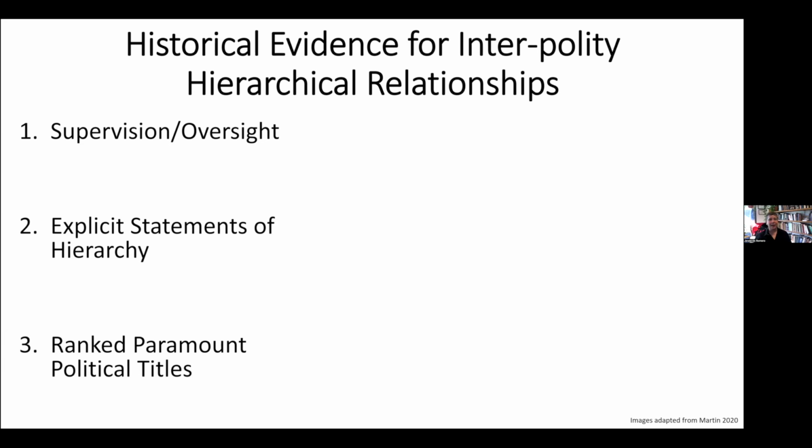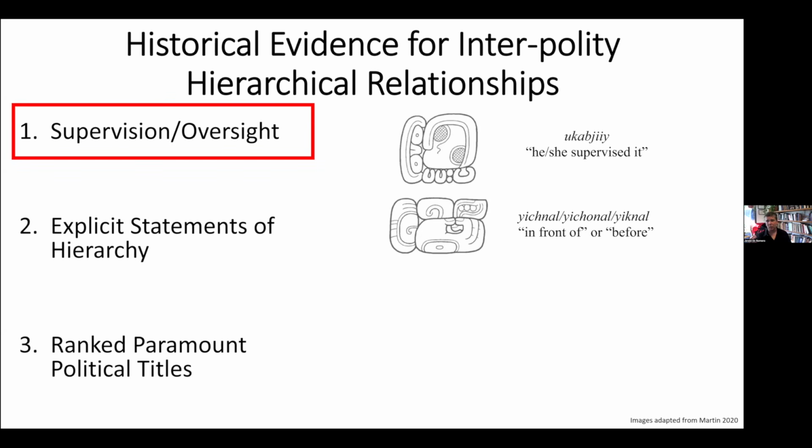Some of the epigraphic evidence of this, work that Simon Martin and Nikolai Grube produced as a seminal contribution in recognizing these things initially, is the Ukabi or Uchabi relationship, where one king is sanctioning or overseeing the installation of the ruler of a subordinate kingdom.